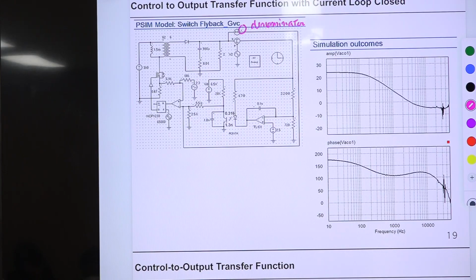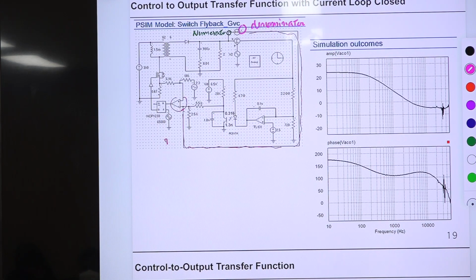Whatever is connected to this terminal becomes the denominator, and whatever is connected to the other part, the undotted part, becomes the numerator. So the denominator is connected to here. We have this PWM modulator here.